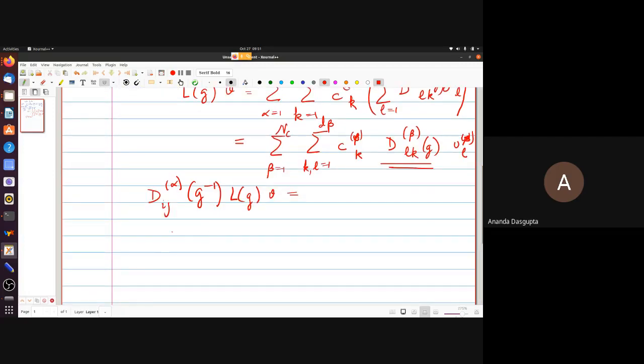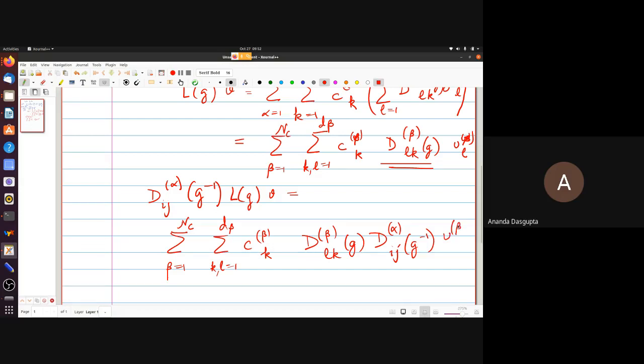Of course, if you do that, what's going to happen is that this side is going to become the sum over beta equal to 1 to curly NC, KL equals 1 to d beta, right?